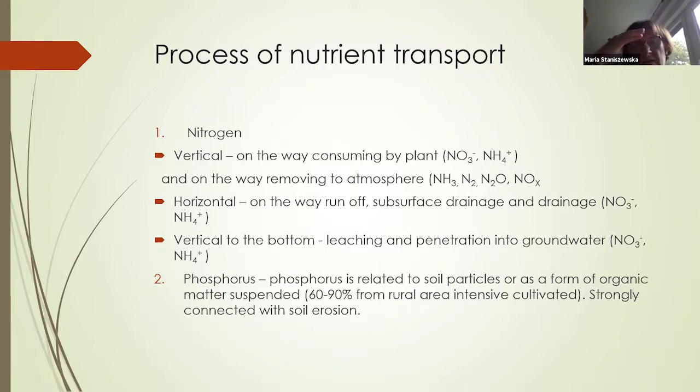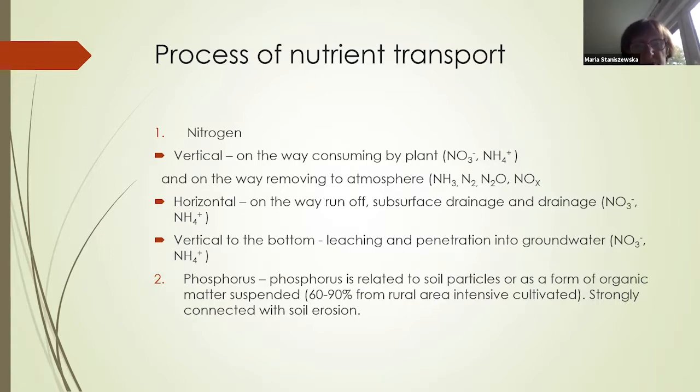It is transported as mineral compounds: vertically, by plant consumption and removal to the atmosphere; horizontally, when we have runoff, subsurface drainage and drainage; and vertically to the bottom, through leaching and penetration into the ground.